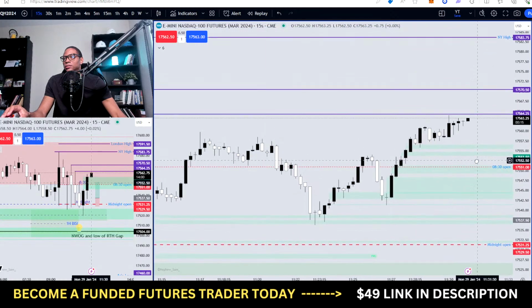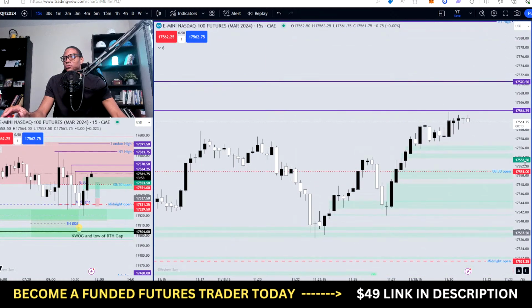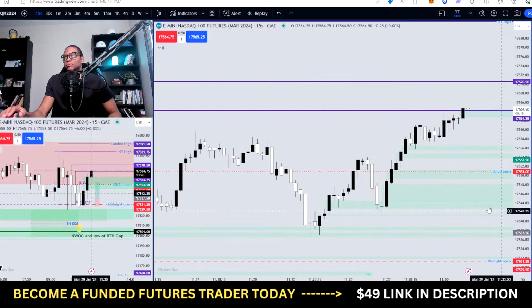I rarely watch this time frame, so I just think it'd be interesting to watch a candle print every 15 seconds. There we go. First target has been touched. Traded through. Up next, 570. Let's see if we can get there.